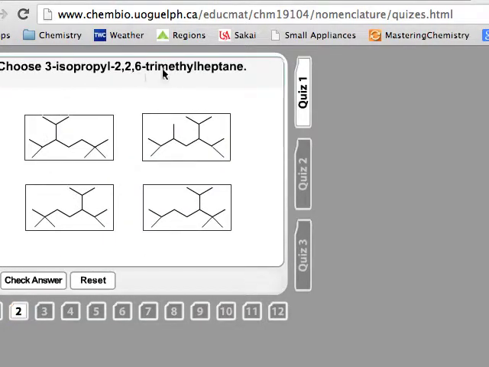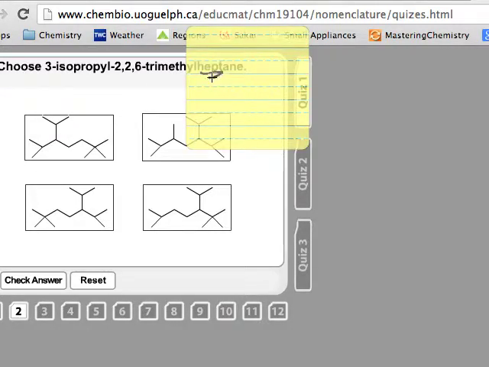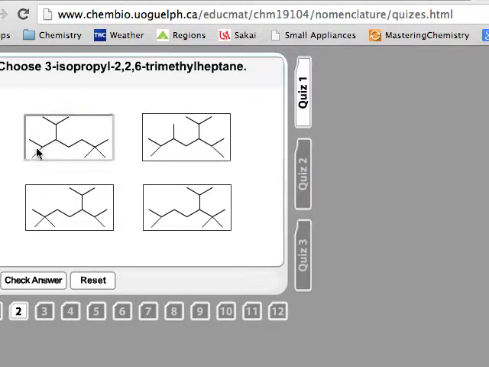So which of these is the 3-isopropyl-2,2,6-trimethylheptane? So you want to look for a longest chain of 7 carbons. That's what the hept means. So 1, 2, 3, 4, 5, 6, 7. That's a possibility. So that top one is possibility. 1, 2, 3, 4, 5, 6, 7. 1, 2, 3, 4, 5, 6, 7.